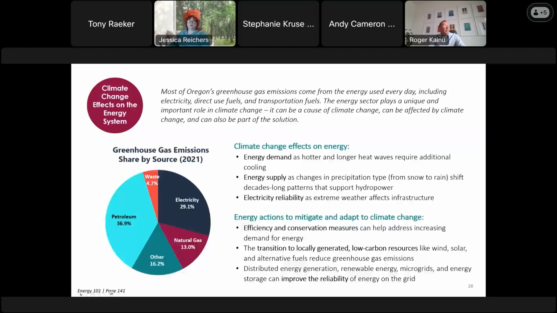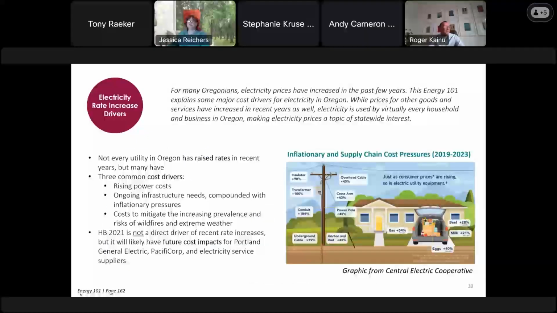It's also important to acknowledge that climate change has a disproportionate effect on communities that have been traditionally and are currently underrepresented in public processes, and typically have less access to resources for adapting to climate change. In the transition to a clean energy future, there is a renewed effort to strengthen equity and ensure these communities are not left behind. Next up, Jessica.